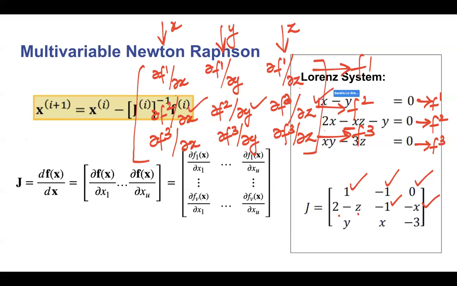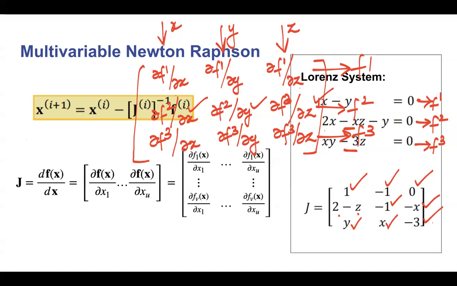Now the third line is for function 3. With respect to x, the coefficient is y. With respect to y, the coefficient is x. And with respect to z, the coefficient is minus 3. Now is it clear? Yes, ma'am. It's clear. Okay.